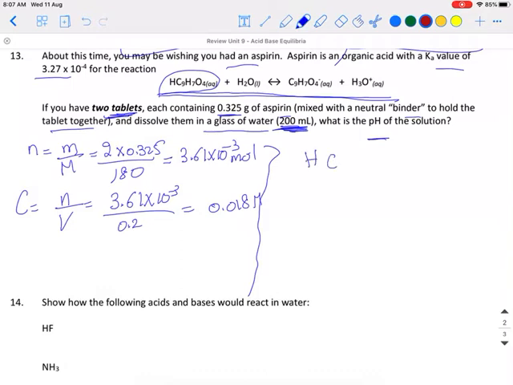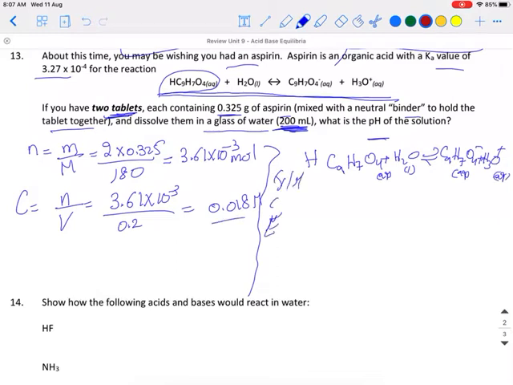I can construct the equilibrium table from the equation HC9H7O4 plus water, this is liquid, to give me the corresponding ions C9H7O4 minus and H3O plus.